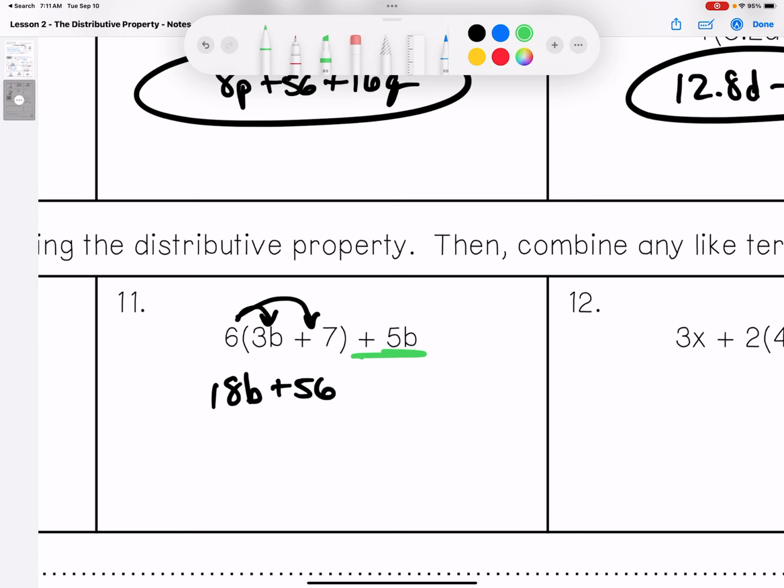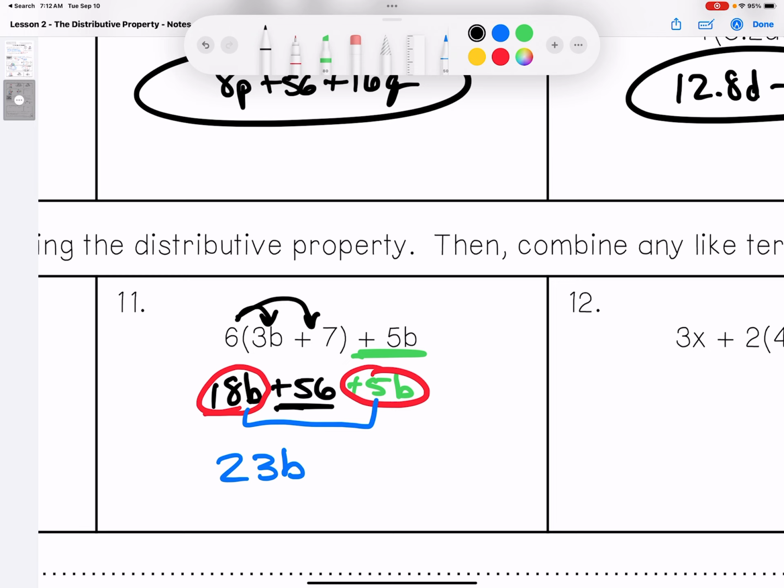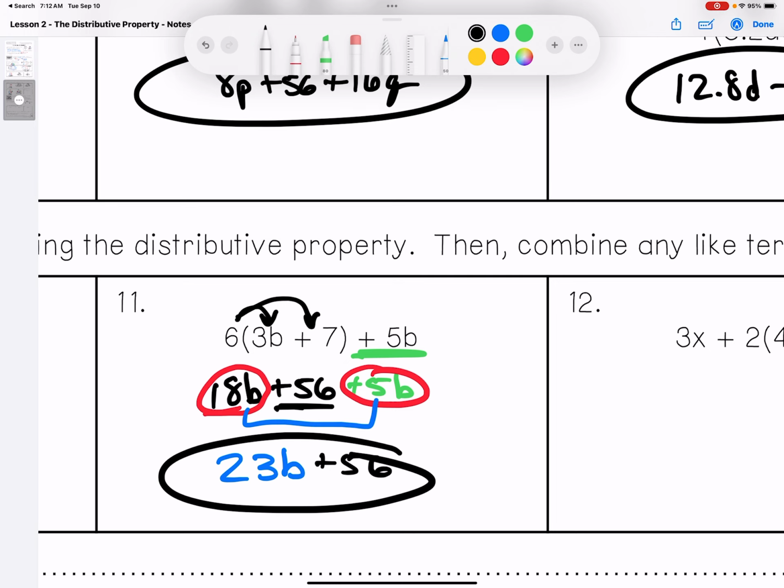All right, just bring this 5b straight down. Now, we can combine like terms because there's 2 b's, 2 different ones. So you combine those and you get 23b. 56, what do I do with it? I just bring it straight down because there's nothing to combine it with, so it's plus 56. So 23b plus, I can't multiply.